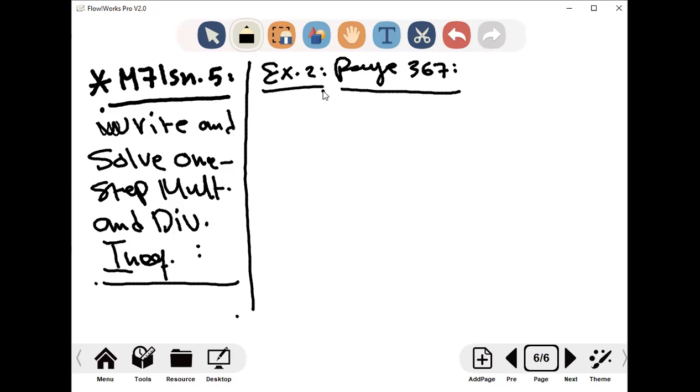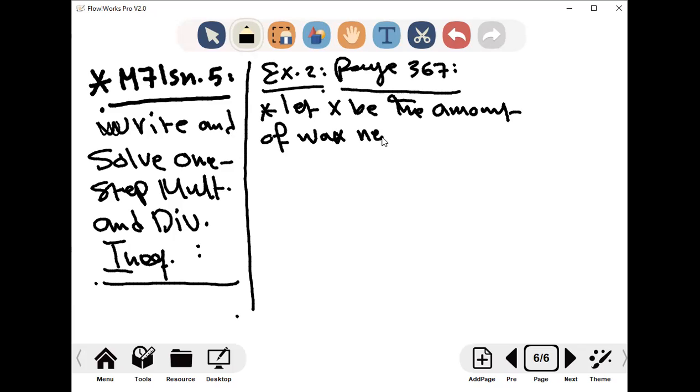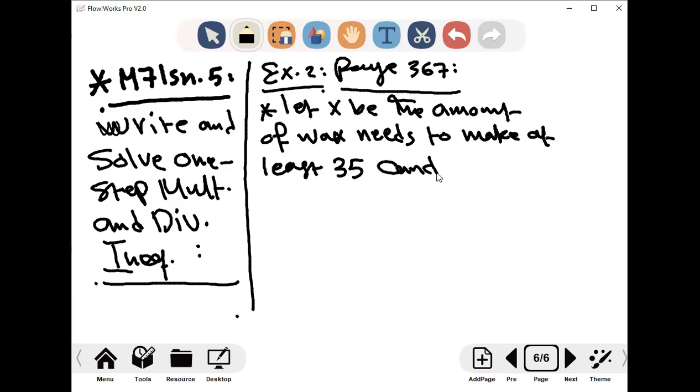So let x be the amount of wax needed to make at least 35 candles, right? So how much wax is needed for making 35 or more, at least, right?